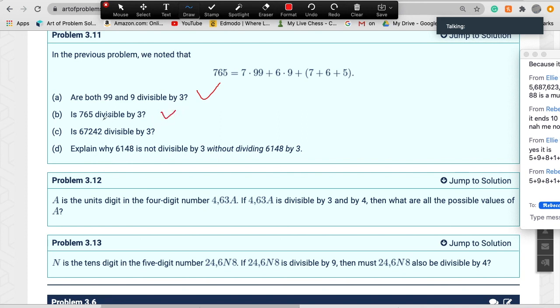Yes, because 765, we already know this number is divisible by 9, right? Definitely this number will be divisible by 3 because 9 is divisible by 3. So is this number divisible by 3? Yes. Why?